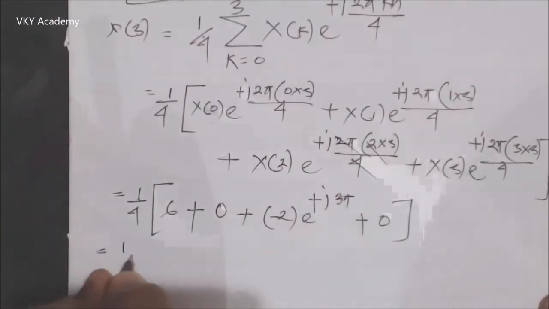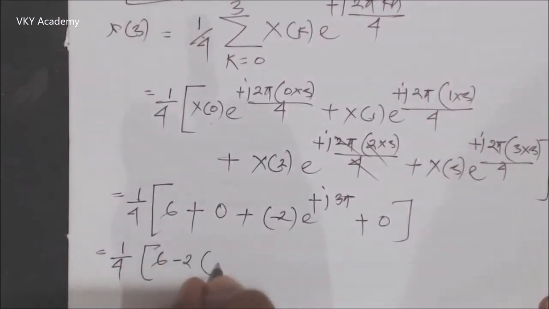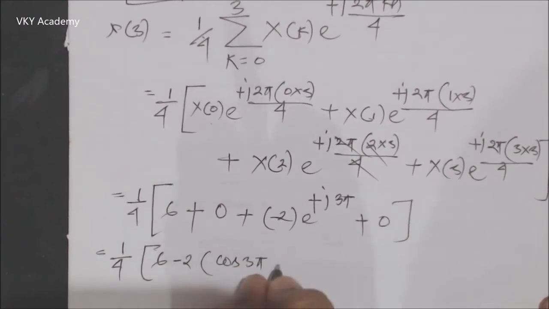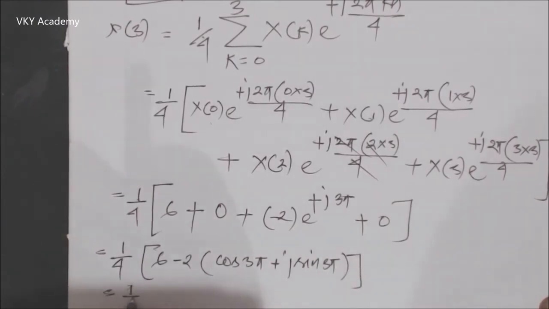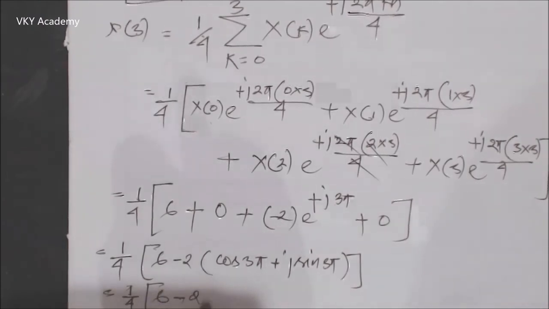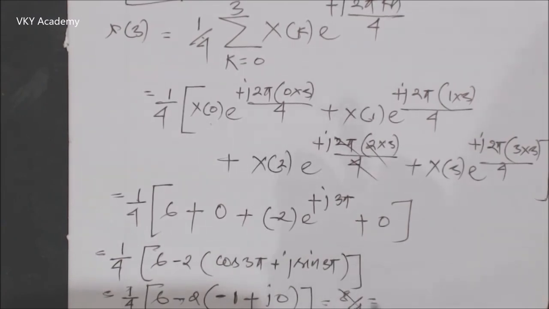Now this can be written as 1 upon 4 whole into 6 minus 2 cos of 3 pi plus j sin 3 pi, which is equal to 1 upon 4 whole into 6 minus 2 into cos 3 pi is minus 1 plus j into 0, which is 6 plus 2, which is 8 upon 4, and the result is 2, which is my fourth sample, x of 3.